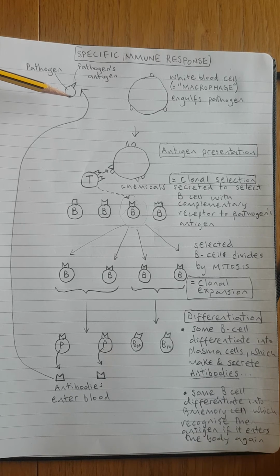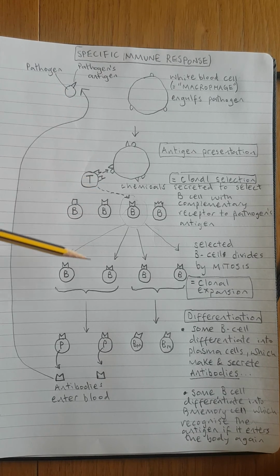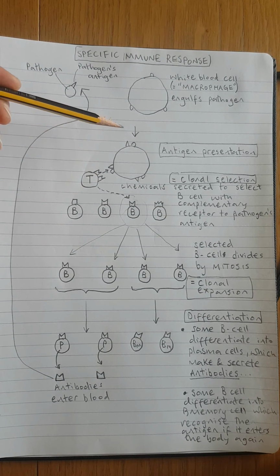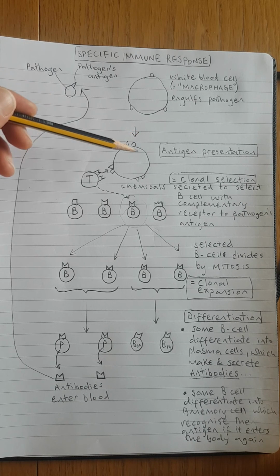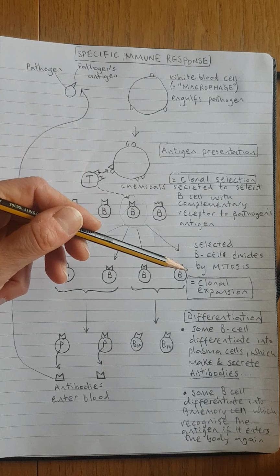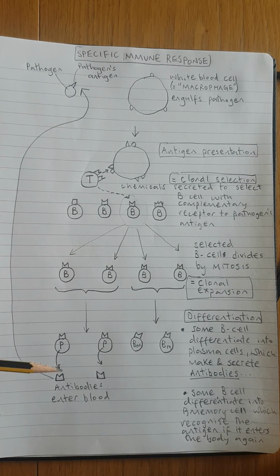There's still going to be hundreds of them milling around, hence the need for this army of cells and a load of antibodies to help round them up. So this happens, and then this happens. Antigen presentation, then the clonal selection, then the clonal expansion, and then the differentiation, and then the antibodies are made. Meanwhile, this could take about 5 days before you can make antibodies against the infection, during which time you're going to get quite ill.